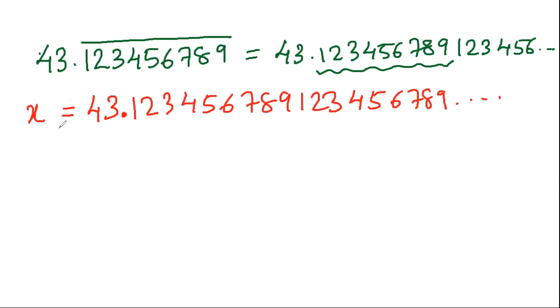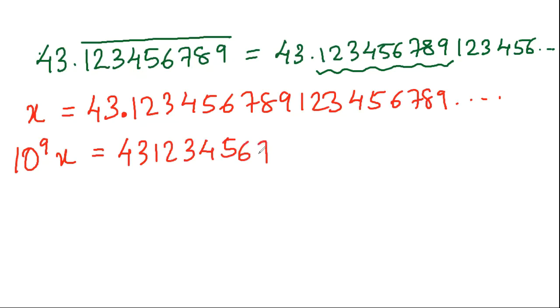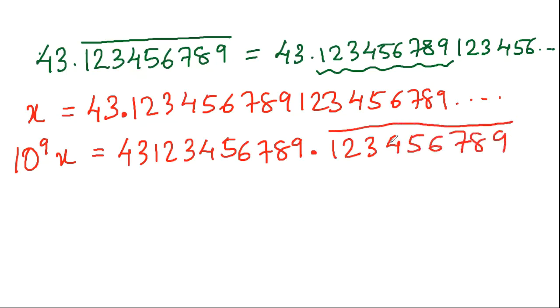Then we try to find the value of 10 raised to 9 times x. So we will get the value as 43123456789.123456789, where this block of digits is again repeating.